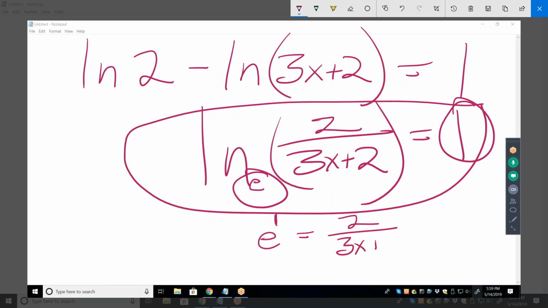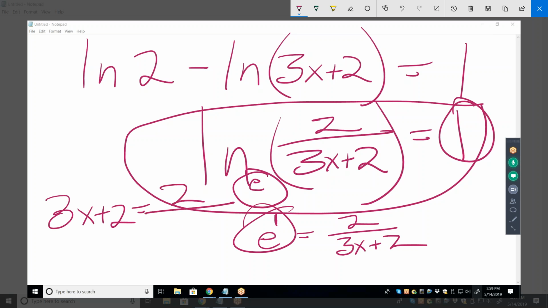And notice there's only one variable there. That's a number. E is 2.71. So you end up with 3x plus 2 equals 2 divided by E. So 3x equals 2 divided by E minus 2.